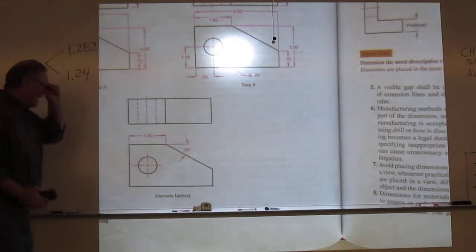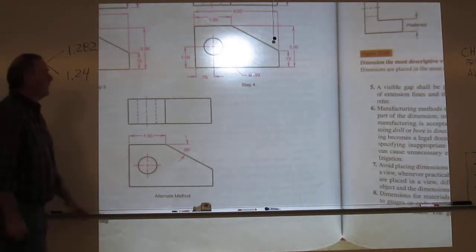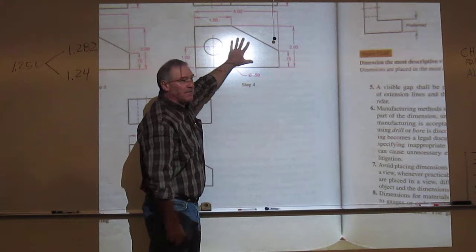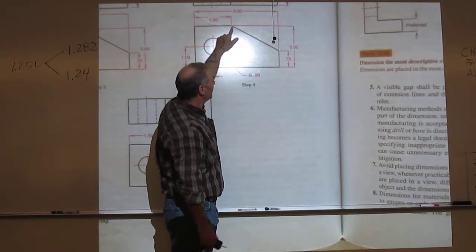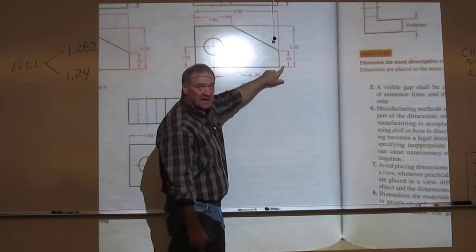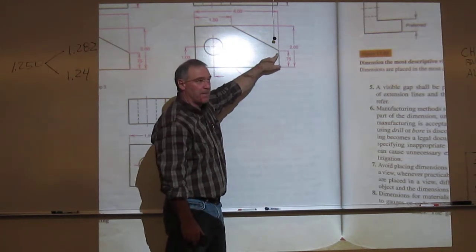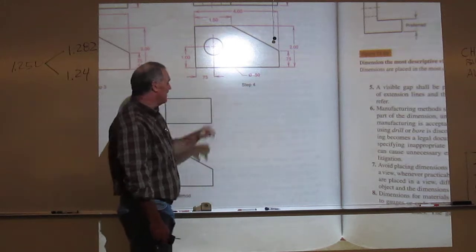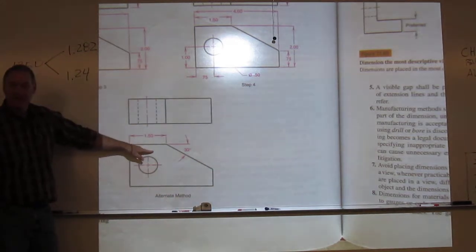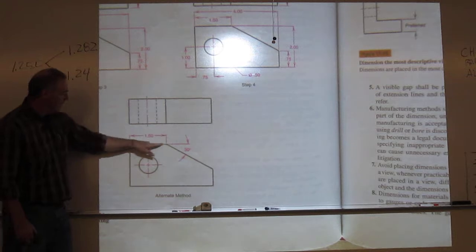So they're walking you through how to dimension an object. Here is the preferred method of doing an angle. So again, we have that surface. We want that leg. We want that leg. That gives us that point, we can make the cut. If you can't get that to happen, you can do it this way, where I give one leg of the triangle and the angle.